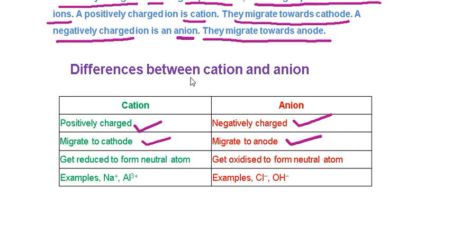Cation gets reduced to form a neutral atom, and the anion gets oxidized to form a neutral atom. Examples of cation: Na+, Al3+. Examples of anion: Cl-, OH-. Next, you can see the next slide.